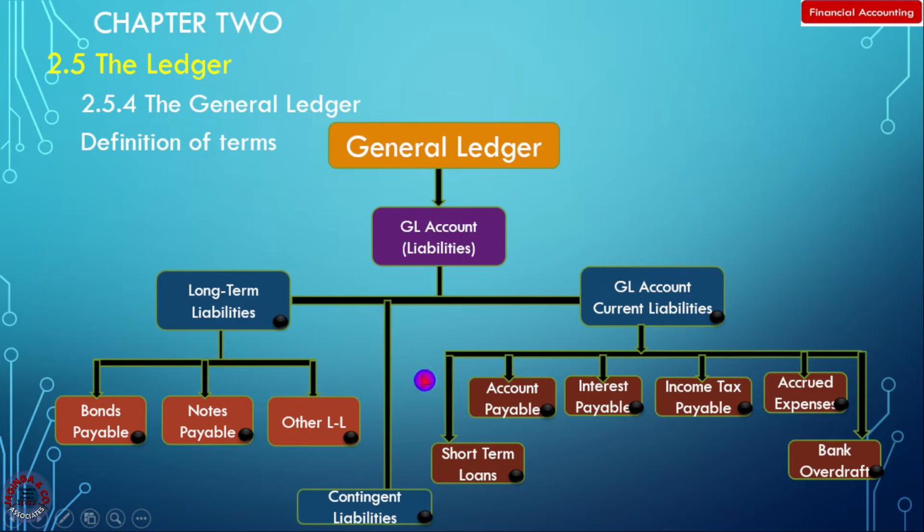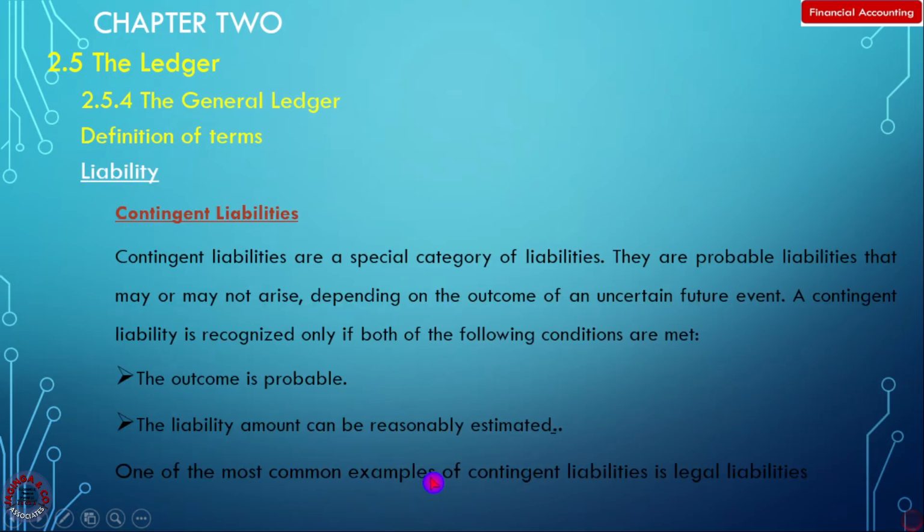So now we've talked about short-term loans, accounts payable, and interest payable. Now let's talk about contingent liabilities. So what are contingent liabilities? Contingent liabilities are a special category of liabilities. They are contingent on a situation.